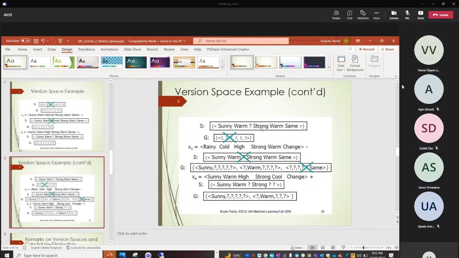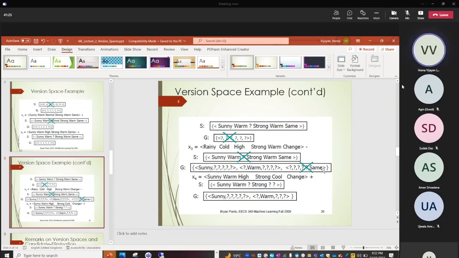Strong is strong again. In instance 3 also strong. Warm is warm. So the last case is same. So till now the specific case is same and in the negative case change came in. So we don't know if change is positive or negative, right? Based on the current data, change is a negative scenario. That's where we are putting it as same.